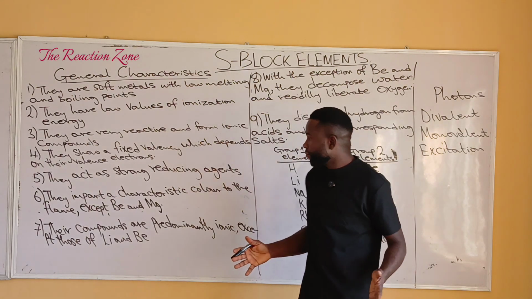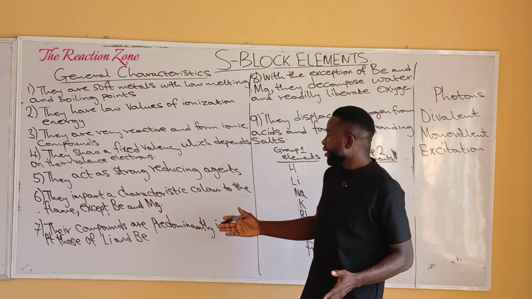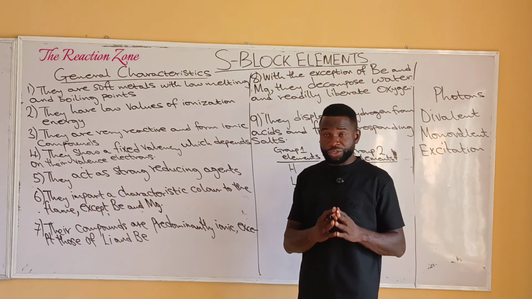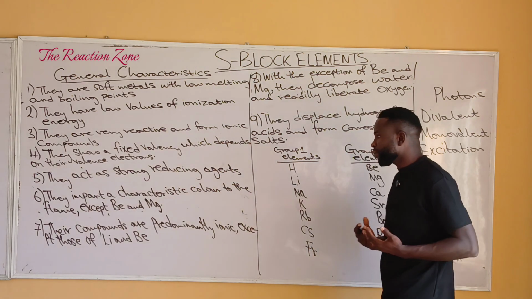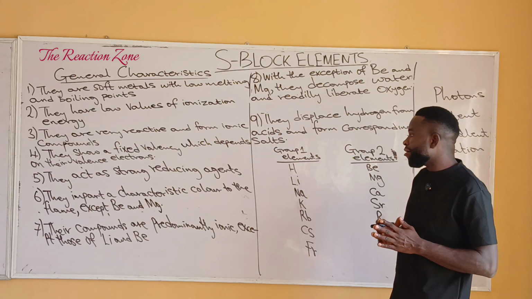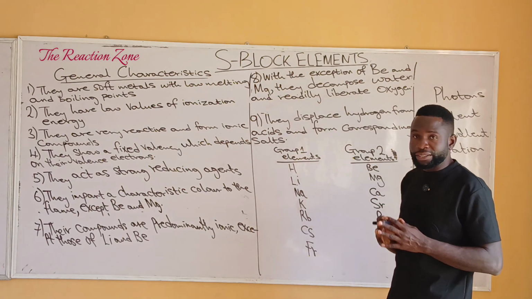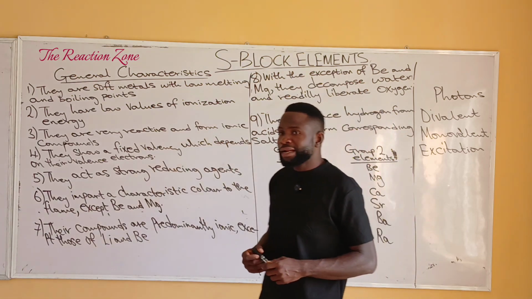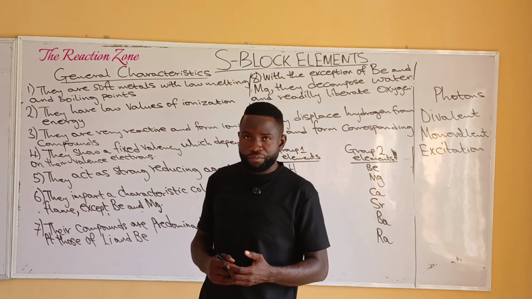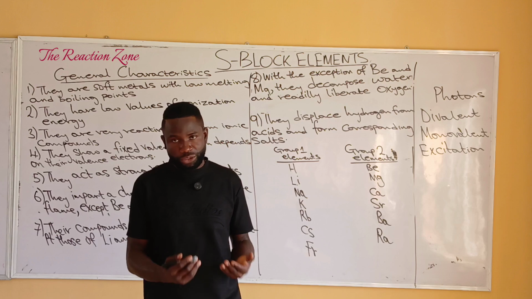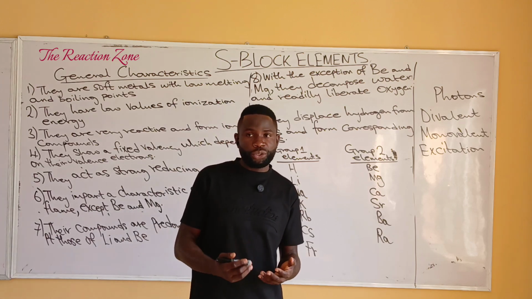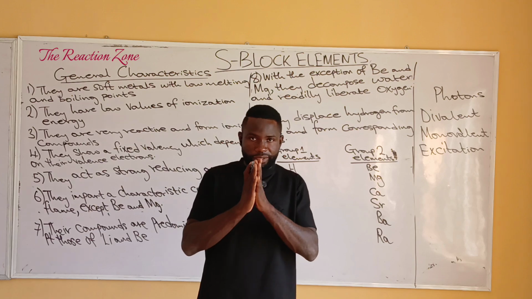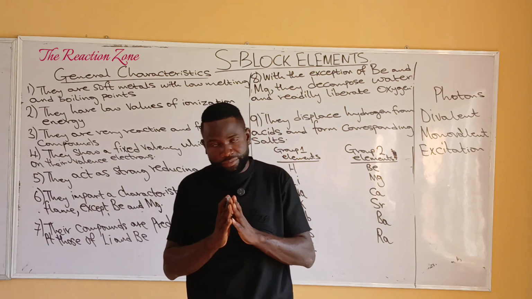Beryllium and magnesium do not impart a characteristic color to the flame test for 2 reasons. The first one is due to the fact that they have high ionization energies. In other words, the energy that is required to excite electrons, that is to move the electrons from the lower energy level to the higher energy level, is high.